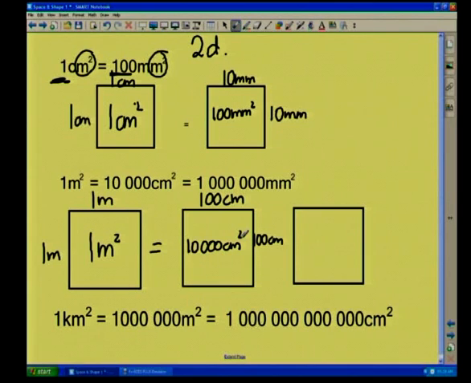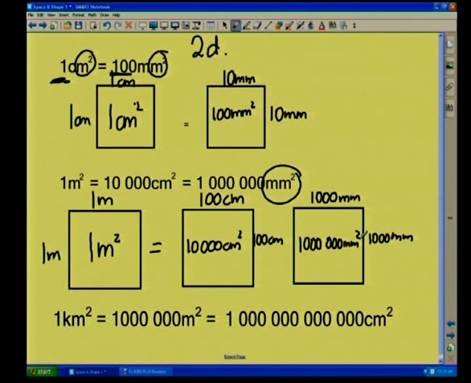Don't forget to put the little 2 because that is showing us that they are square units. And then if I had to change it to be millimeters squared, it would be obviously 1,000 millimeters times by 1,000 millimeters, which would give us 1,000,000 millimeters squared.